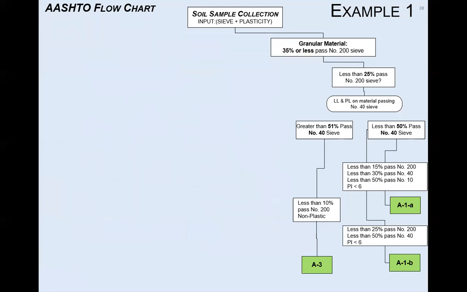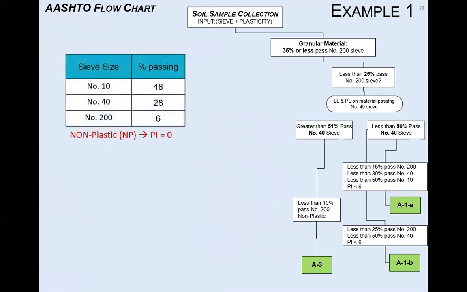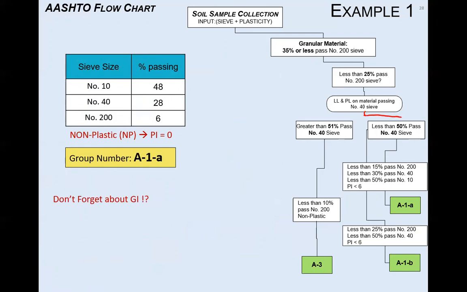Everything else can disappear. Now we just have to ask ourselves questions. Is it less than 25% passing the number 200 sieve? We look at the PI value, and then we look at the number 4 sieve. For this here, less than 50% passing the number 40 sieve, which makes sense. And then we look at these two check marks.